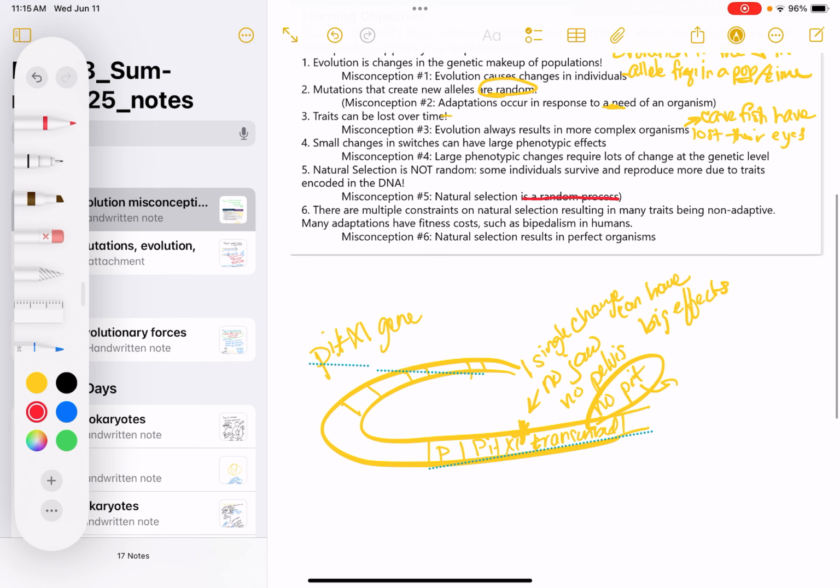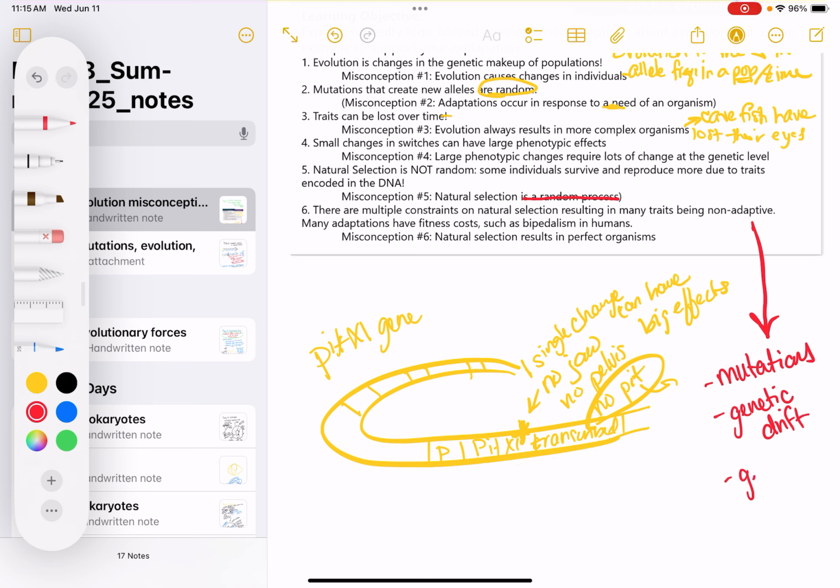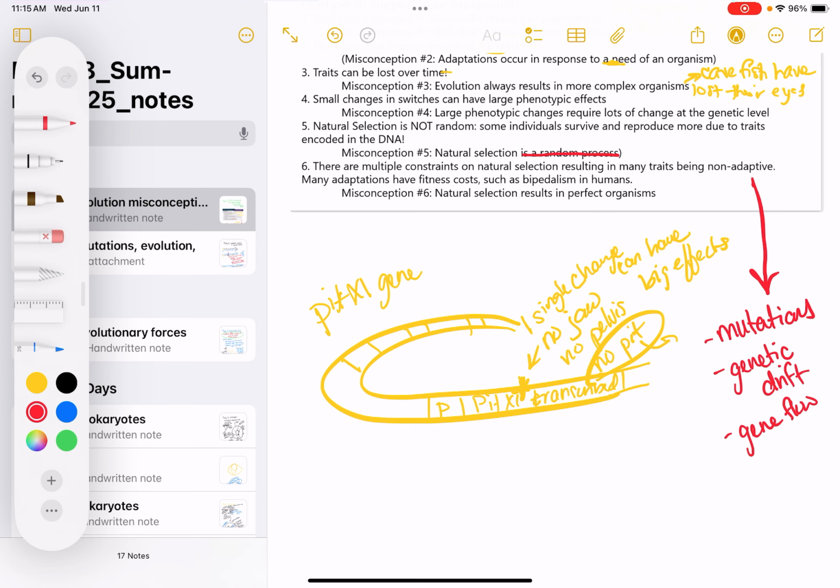And then the last one is that some people think that natural selection results in perfect organisms, but remember that this isn't true for lots of reasons. One of the things we have to remember is that there are going to be mutations, genetic drift, and gene flow that might not have anything to do with making perfect organisms.